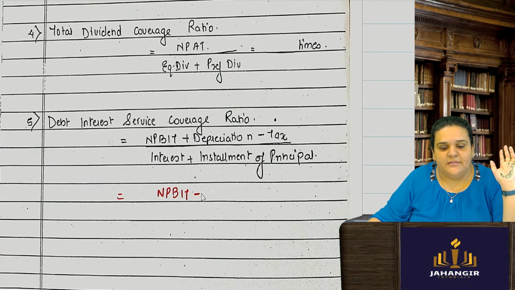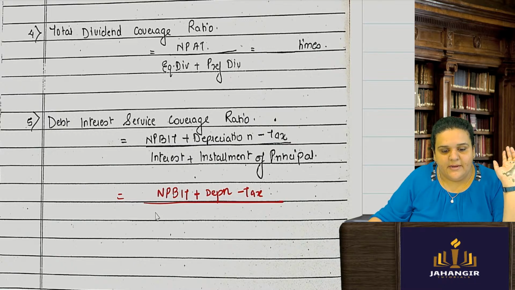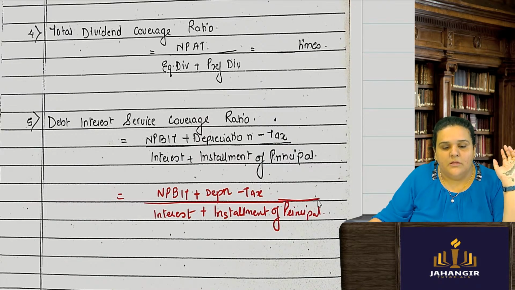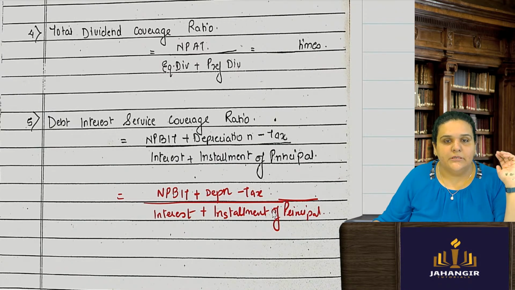From net profit before interest, first I will add back my depreciation, a non-cash expense, minus my tax, and I will divide that by the interest I have to pay on my debt plus the installments I am paying on my principal. So generally EMI. EMI includes both the installment of principal plus the interest factor. So that is the debt interest service coverage ratio.